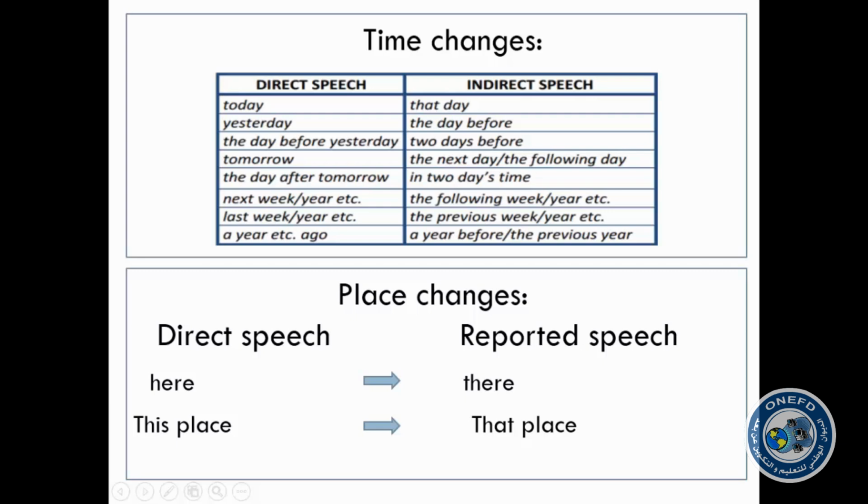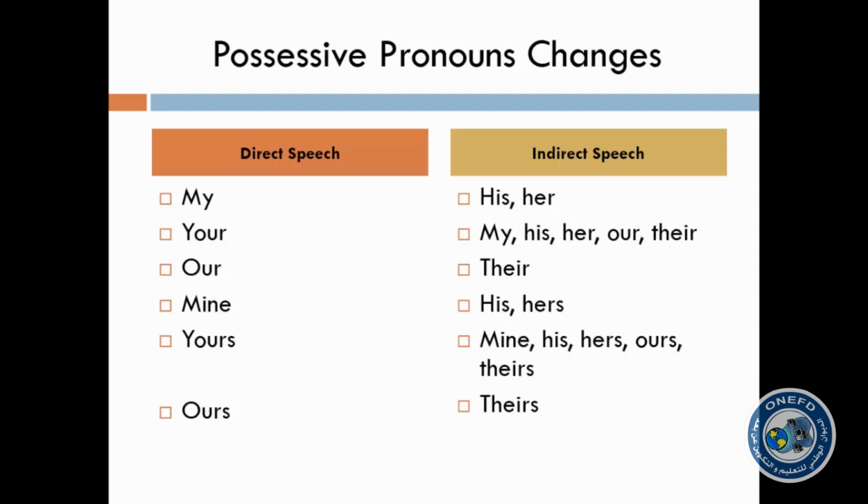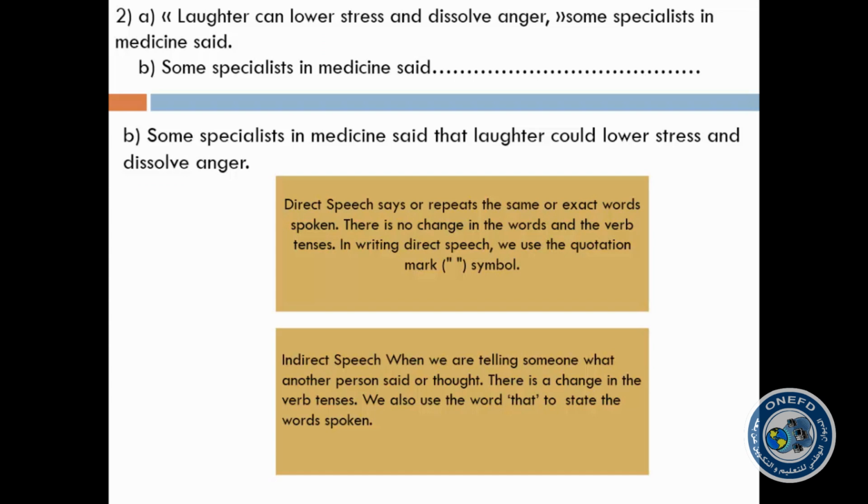And we gave you other changes, for example changes in time, changes in places, changes in personal pronouns, and changes in possessive pronouns. So we go back to the first example.